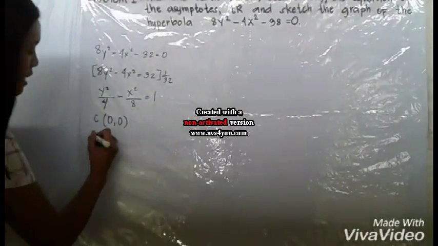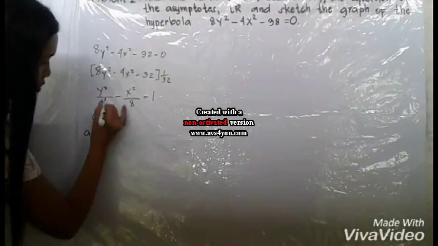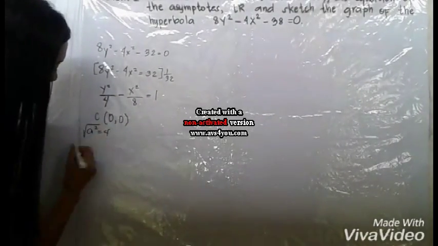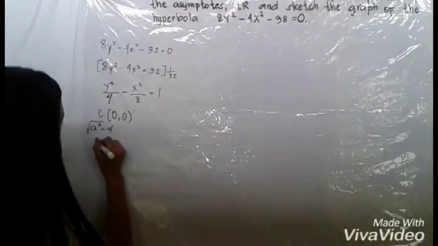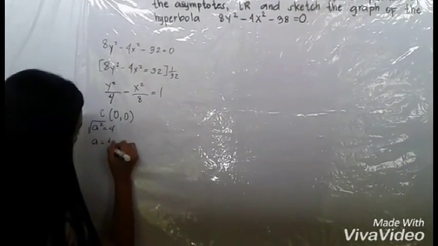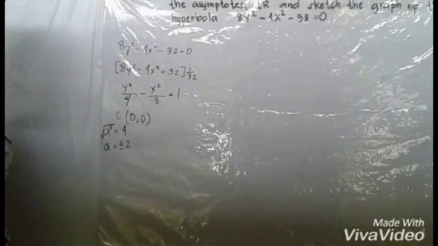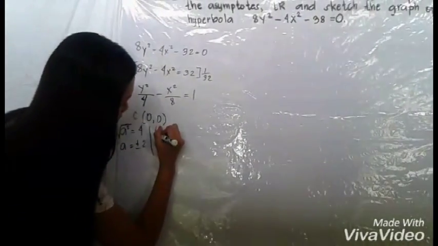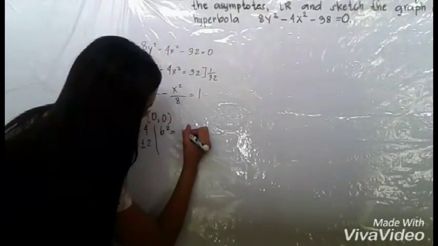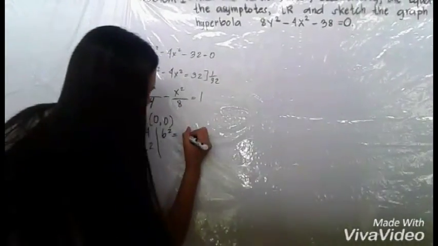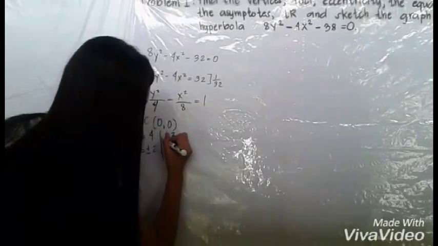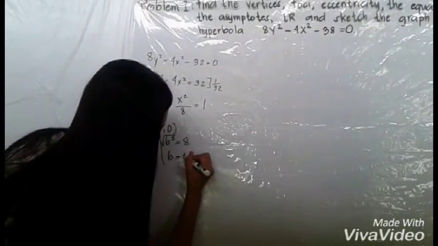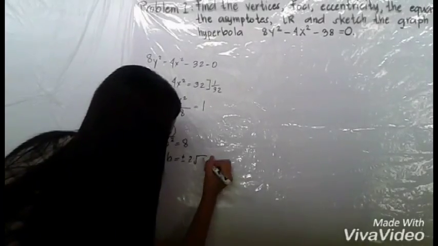Okay, we have a squared equal to 4, and taking the square root, a is equal to positive negative 2. And our b squared is equal to 8, so b is positive negative 2 square root of 2.